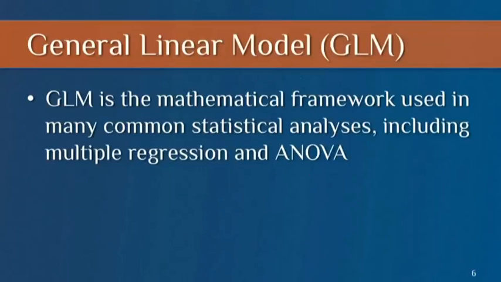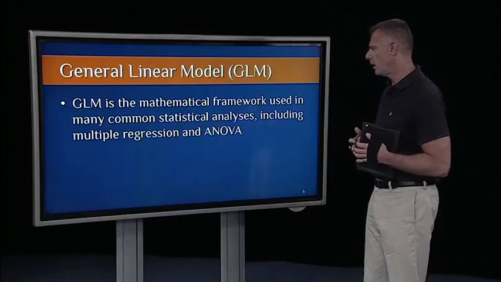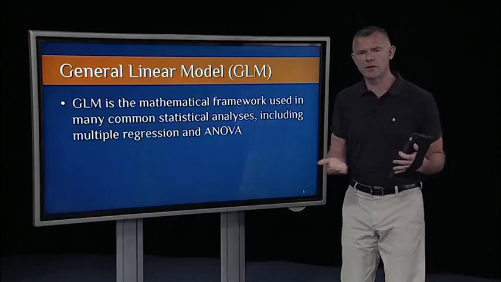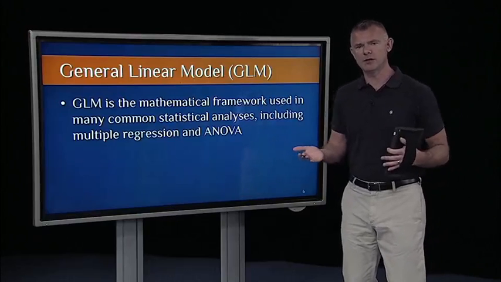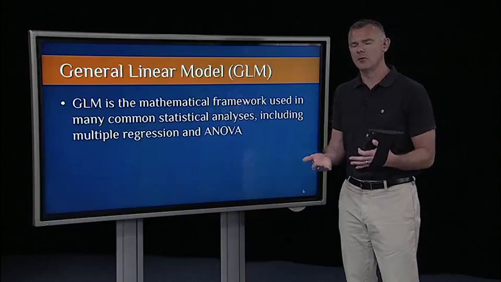So to review the GLM, because it's been a while, about halfway through the course, we talked about the GLM when we were talking about multiple regression, which is where I introduced it. It's just the mathematical framework that was underlying all of those procedures that we were conducting, multiple regression and ANOVA in particular.